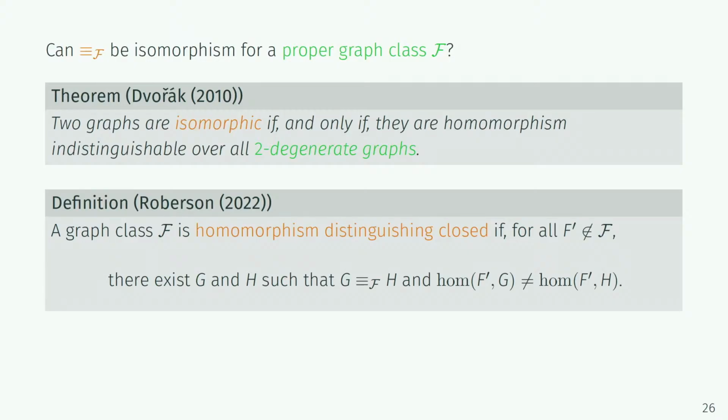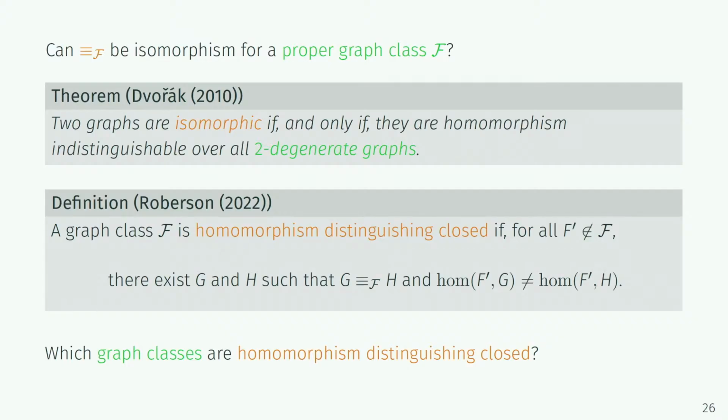Another question that I asked at the beginning boils down to asking which graph classes are homomorphism distinguishing closed. It's a slightly stronger question, but it entails the first one. So we want to identify natural conditions on a graph class under which it is homomorphism distinguishing closed. So you want it to be as big as possible? Yes.